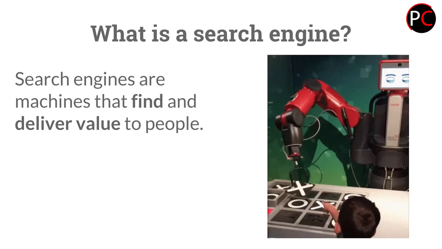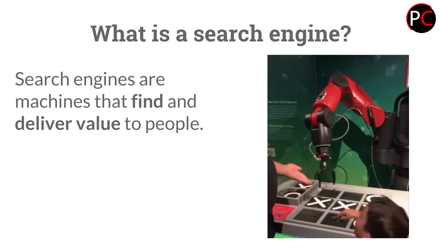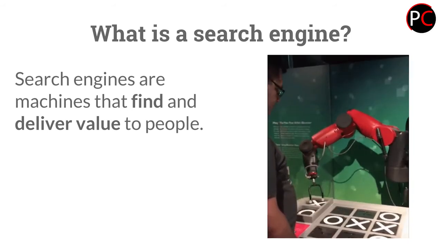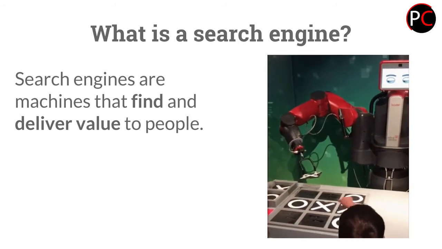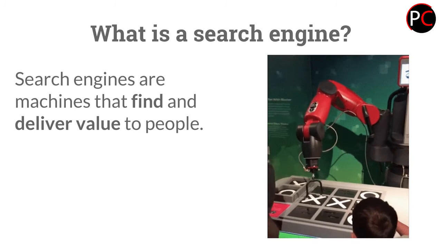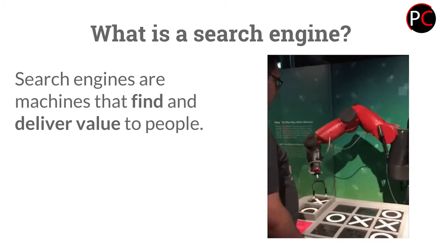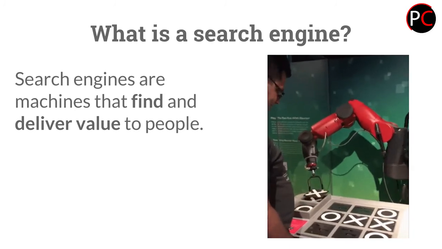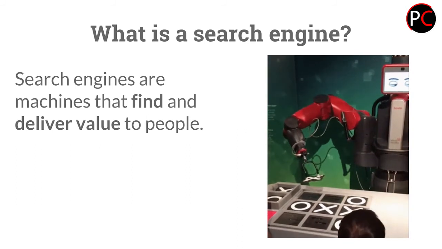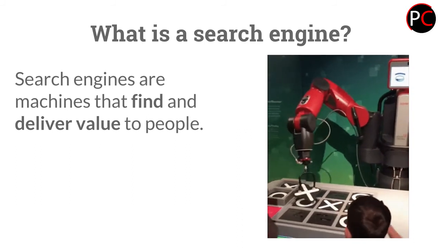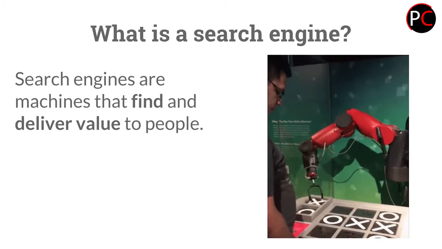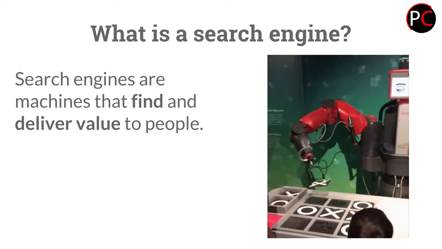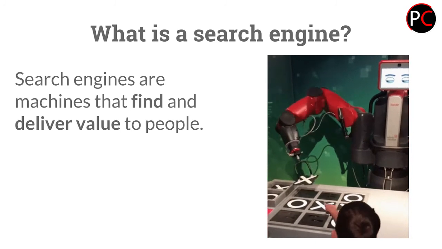So if we think about the process by which they do that, we could say that search engines really have these two functions, right? They're out there trying to find the value on web pages, oftentimes in whatever content, whether it's images or videos or text. So they're trying to find that information. And then they need to deliver it to people in some way that matches the search intent with the words that have been used.